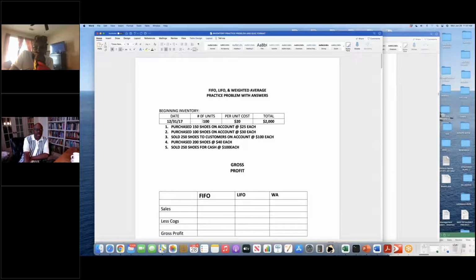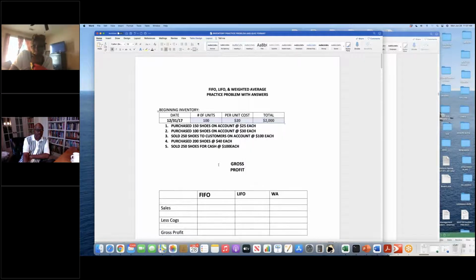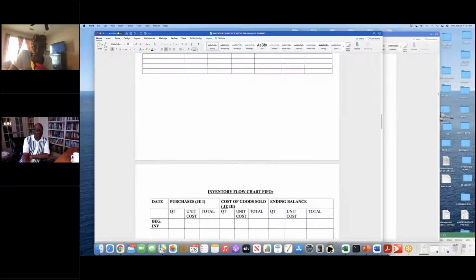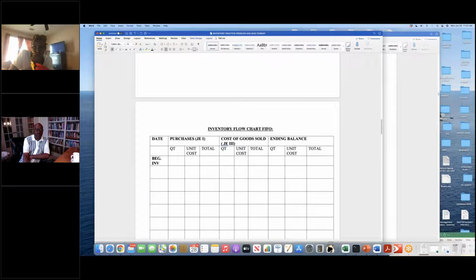It says that we have 100 units in beginning inventory at $20 for $2,000. So what we're going to do here is take this information, since this is the beginning inventory, and copy it, and hopefully be able to put it in here.